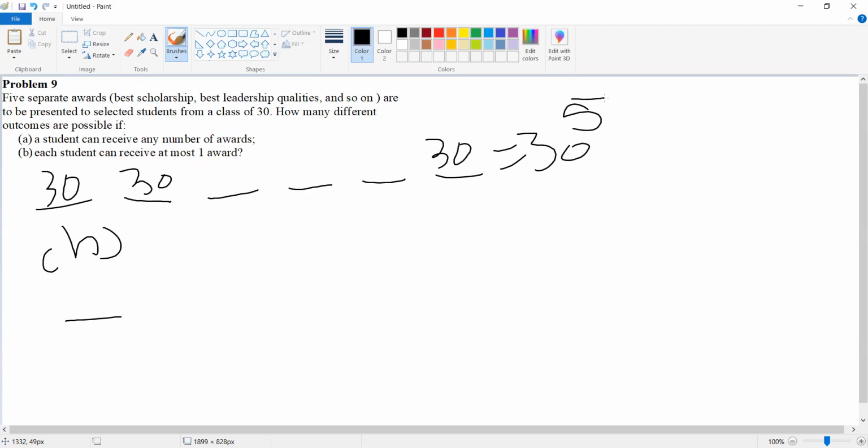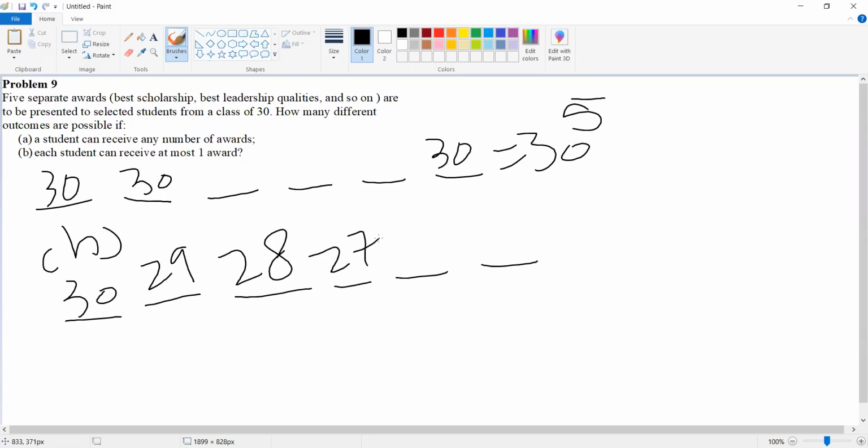So in that case, the first award can go to any of the 30 students, but once that award is allotted to one student, that only leaves how many? 29 students for the second award. And when you go to the third award, the same logic applies: 28 students, and so on, 1, 2, 3, 4, 5.